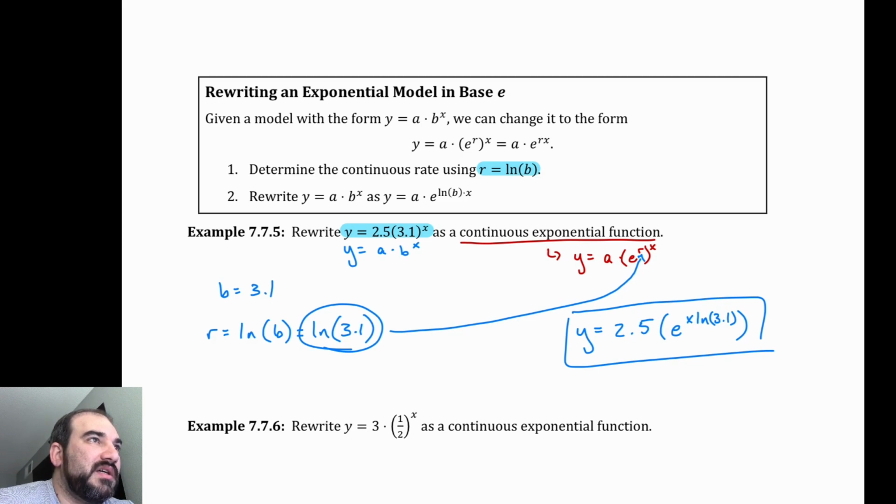Yeah, it does ask you to round this natural log of 3.1. It will ask you to round it to like 4 decimal places. So make sure you do that when you're doing the homework. You use a calculator to find an approximate value for r.